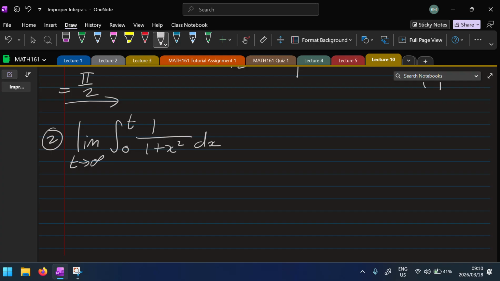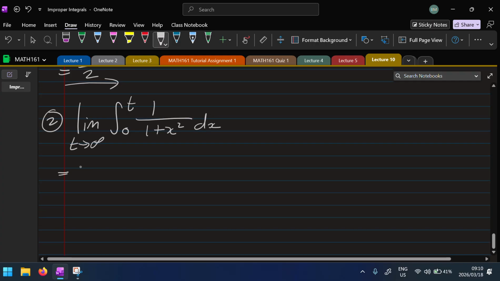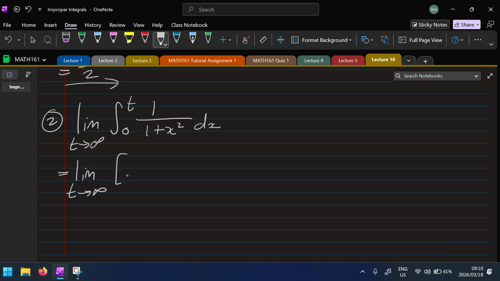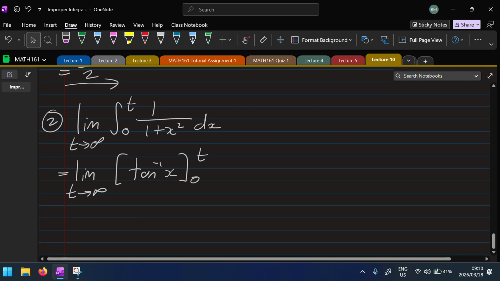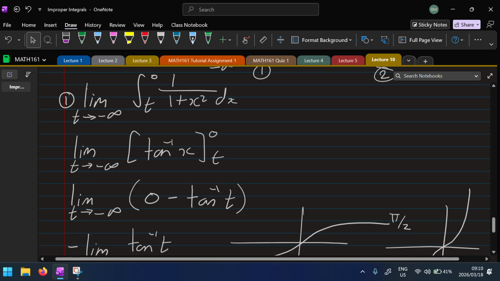Now the top goes to infinity, so we put the t at the top, then we take the limit. Again, integral 1 over 1 plus x squared will be arctan from 0 to t. Just remember your bounds, okay? It will be different for this one.